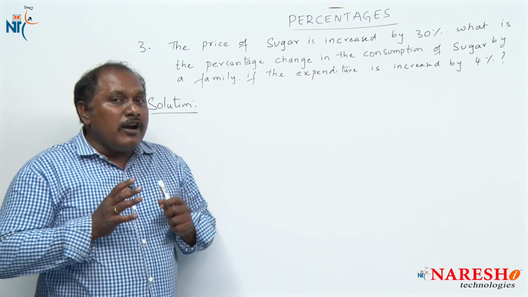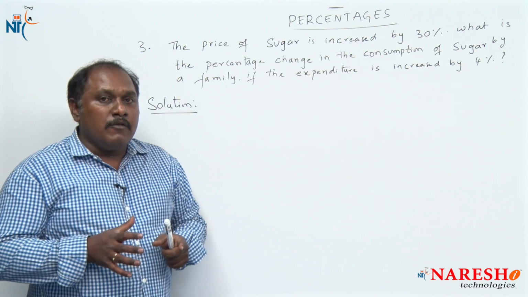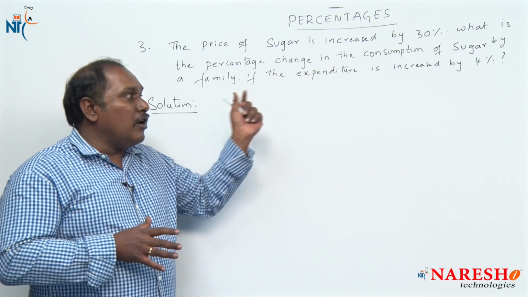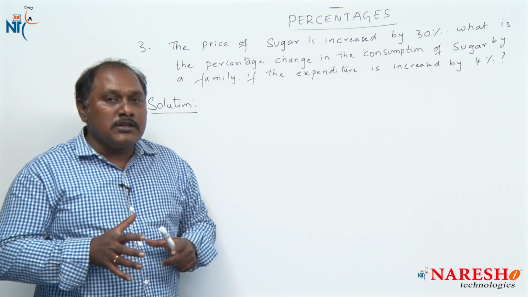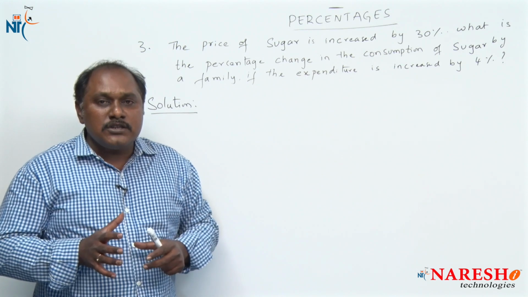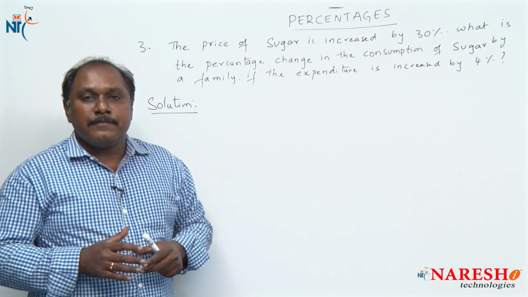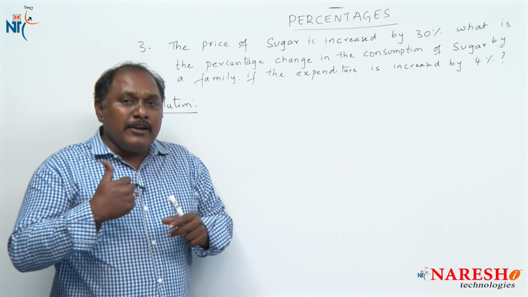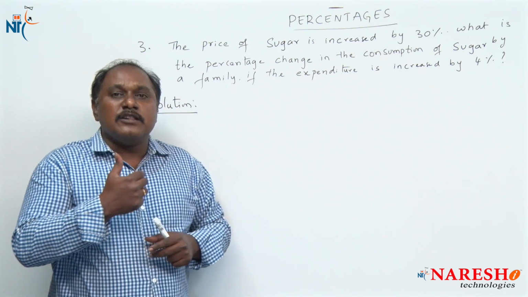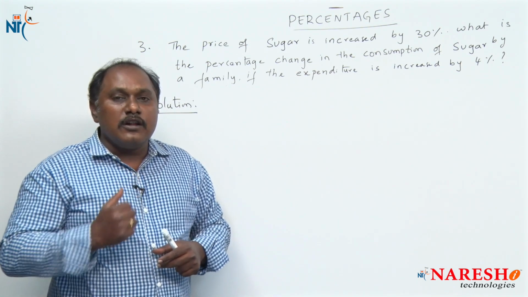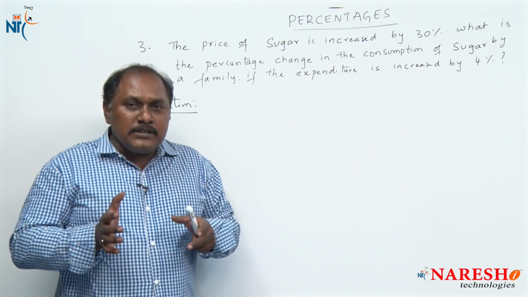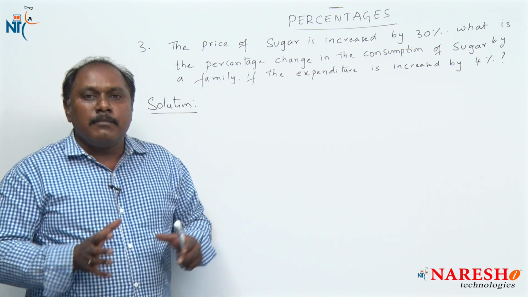Now we cannot apply the formula we have learned to solve this particular problem, because the formula can be used only when expenditure remains unaltered. Now how to solve this problem? We can use an equation as well as a logical idea. First, let us try to solve this problem by equation.